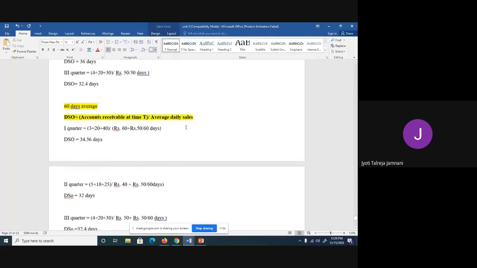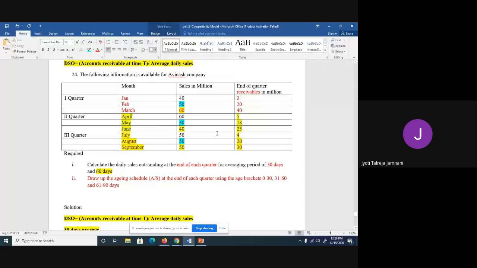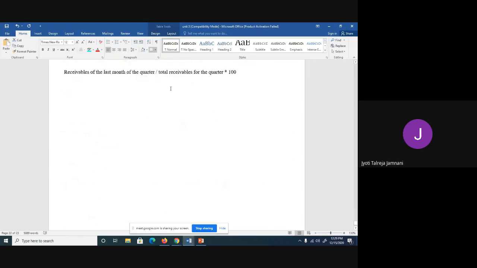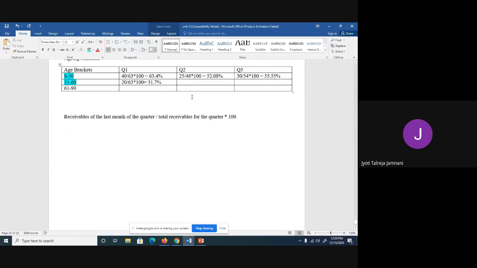For the second quarter, 31 to 60 days is 18, that is the middle of the quarter. So 18 divided by the total of the quarter, which is 48, the total of all these three if I add. So 18 divided by 48 into 100, which is equal to 37.5%.